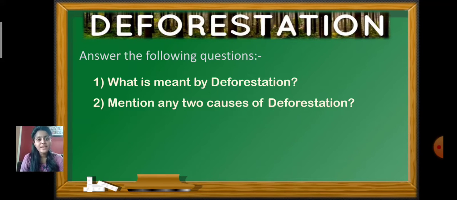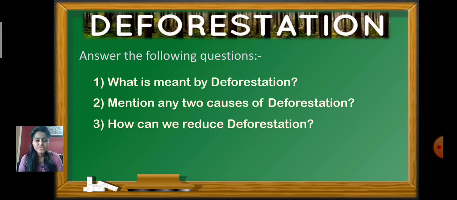First one, livestock ranching. Anyone other? Second cause? Yes, very good. Agricultural practices. Very nice. Now read question 3. How can we reduce deforestation? You can tell me any small step also.